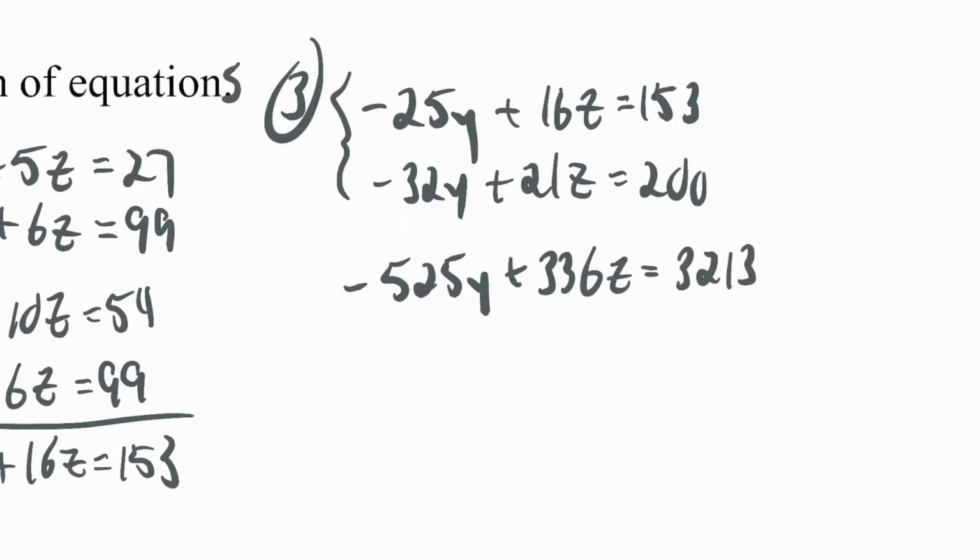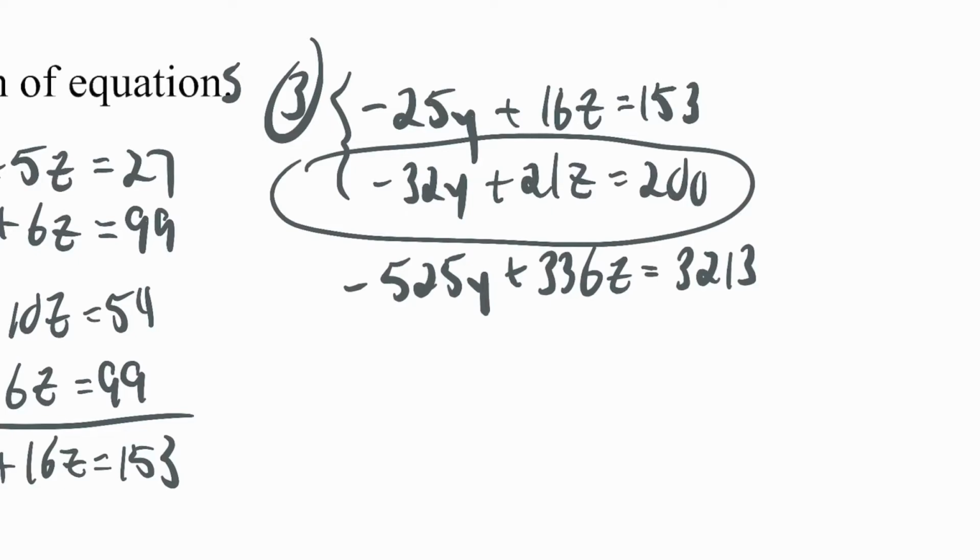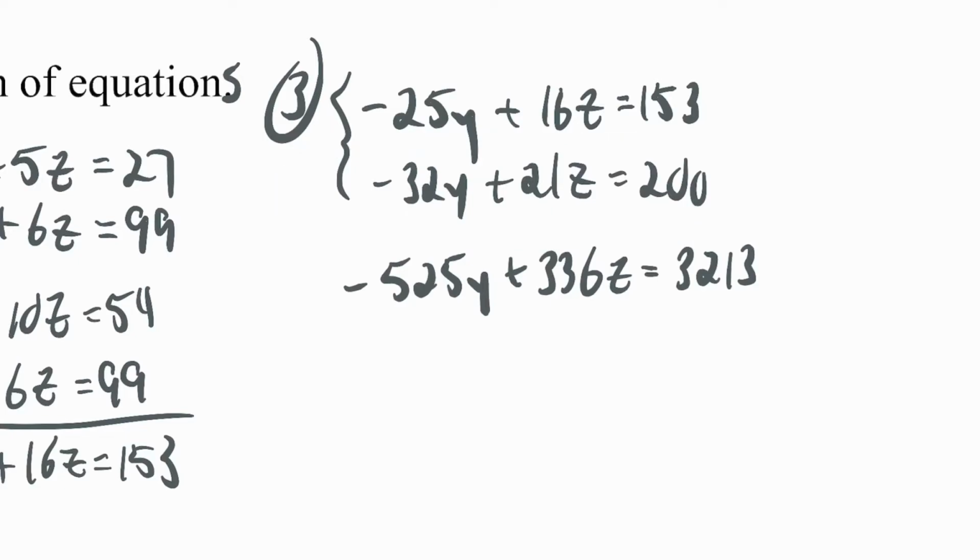Okay, and I'm going to multiply the bottom equation by 16, or if I want negative 16, let's do negative 16. So negative 32 times negative 16, 512y, minus 21 times negative 16 is negative 336. Well, of course, that's predictable. It should have gone that way. And then 200 times negative 16 will be negative 3200.